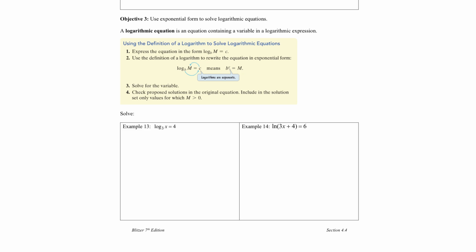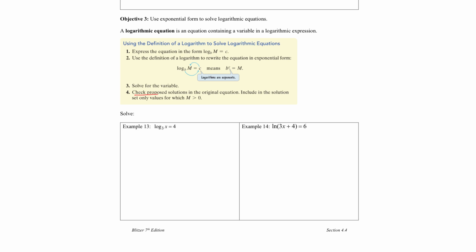But regardless, once we have that form, we're going to take that logarithmic equation and write it in its exponential form. Okay, and remembering that logarithms are exponents: base, exponent, result. And then we're going to solve for the variable. And then this is extremely important, and this varies from our exponential equation solving experiences.